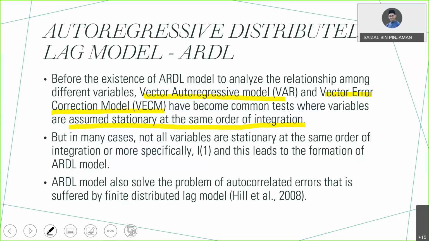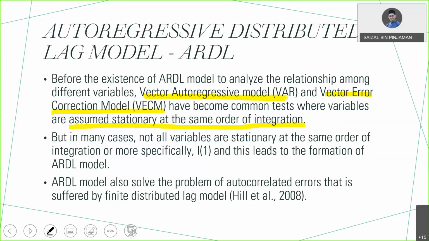The difference between VAR and VECM is that the VECM, or vector error correction model, is the restricted version of the VAR itself, where the variables that are stationary at the first difference are co-integrated, while VAR, the vector autoregressive model, on the other hand, is used when the variables that are stationary at the first difference are not co-integrated.